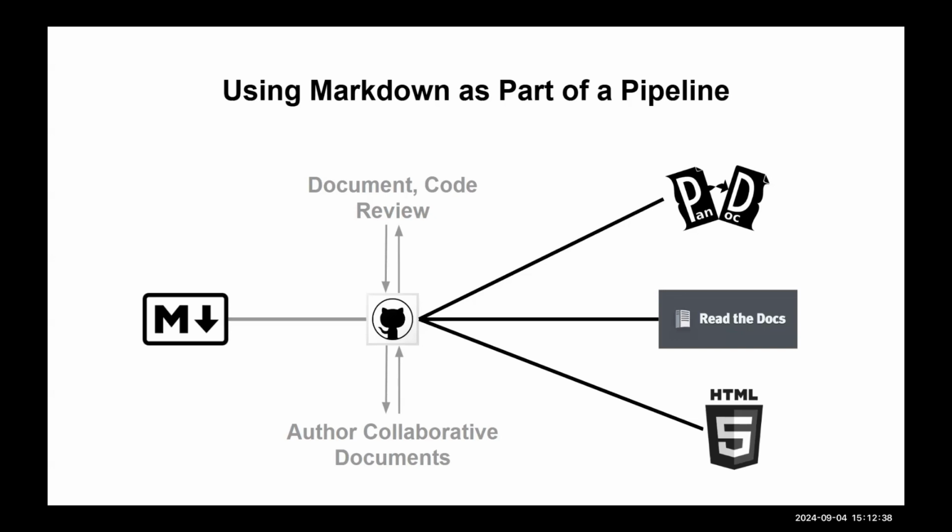You can create documentation in HTML. You can import this to something called Read the Docs, which renders it in a much different way than what you would have in a GitHub README file. You can convert it to PDF format, to a Word document, or to HTML. So there are a lot of options.